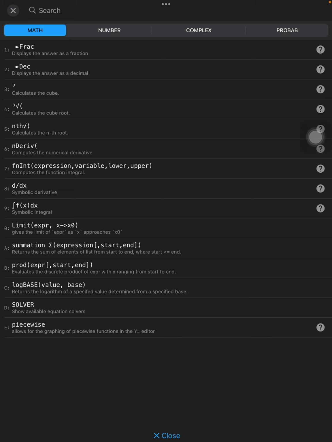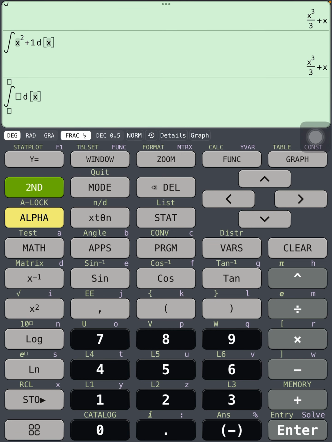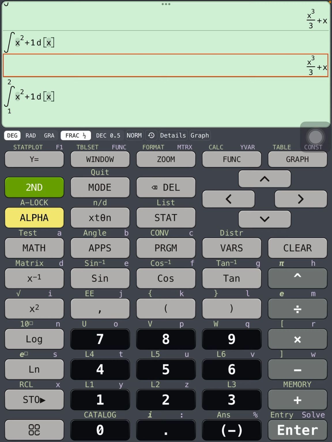Well, that's real convenient. And then on the older TI series, you're going to have the fnInt, which would be the definite integral. And so let's take that same function from 1 to 2, and it's going to be x squared plus 1, dx.